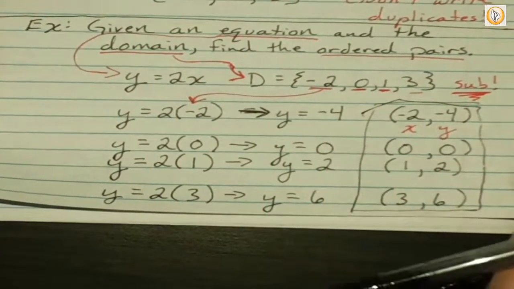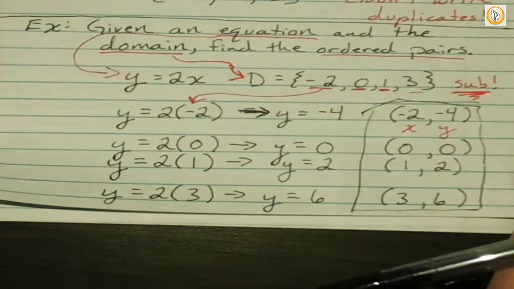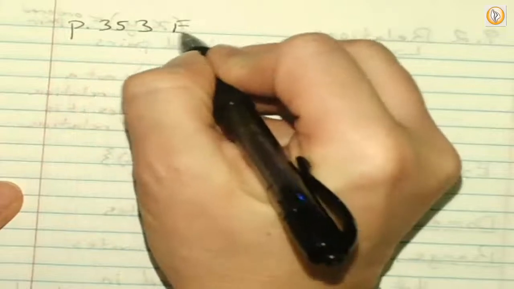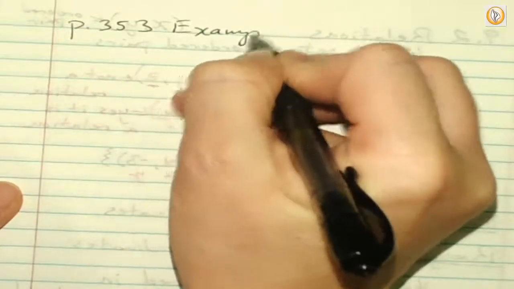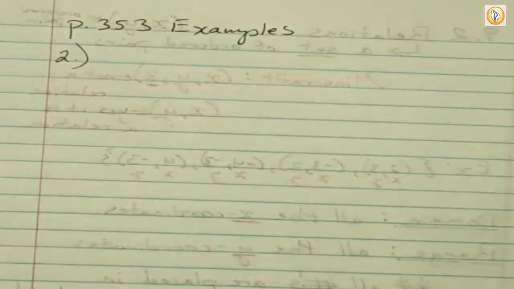I need to make sure everyone has this. Does everyone have it down? Okay, we're on page 353. We're going to look at number 2.